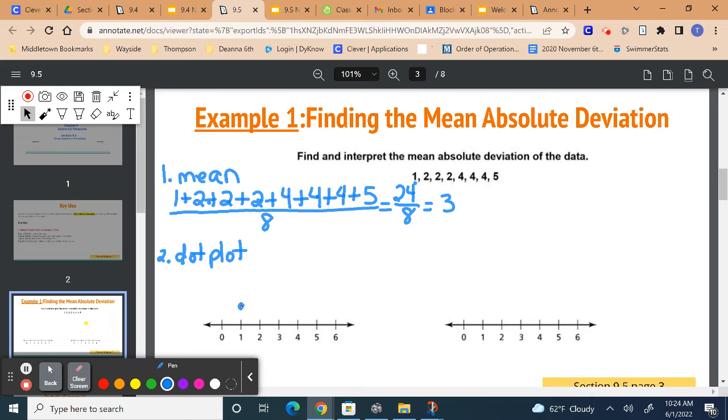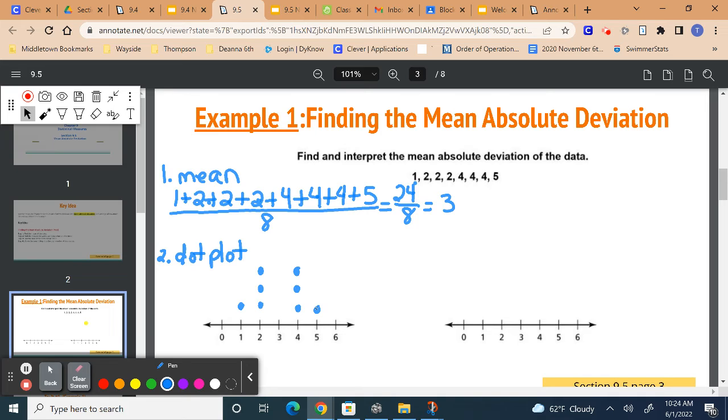We have 3 2s. You have to make sure that they are nice and neat and spaced out. Then we have 3 4s. Again, make sure they line up. And then we have 1 5.